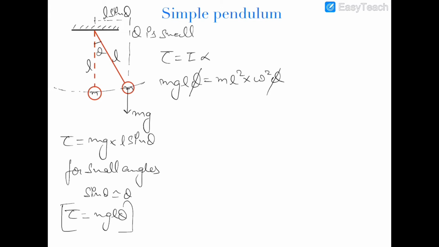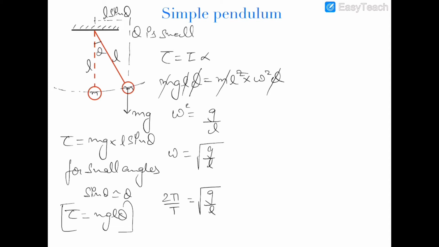Cancelling theta with theta, m with m and L with L, omega square will be equal to g by L, and omega will be equal to under root of g by L. So omega will be 2 pi by T, and that would be under root of g by L. So T would be equal to 2 pi under root of L by g.